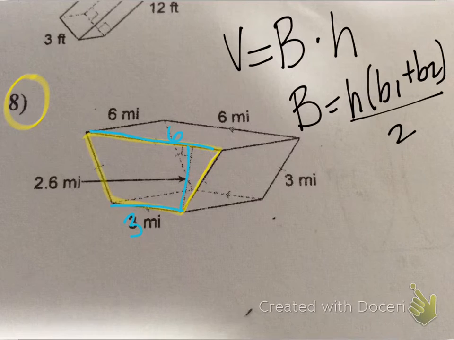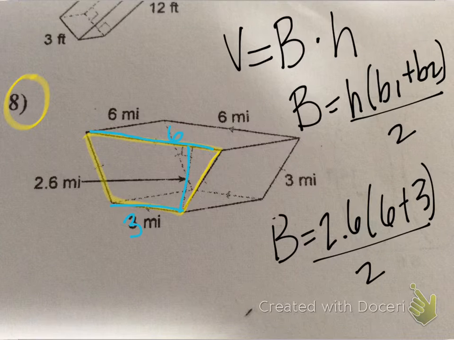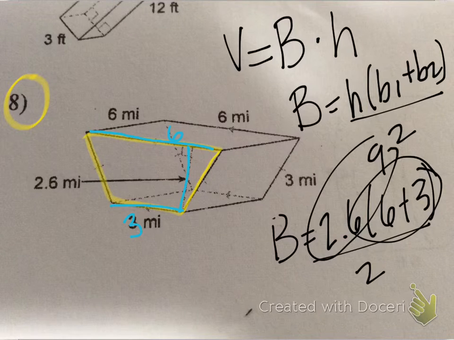So I'm going to put all that in here. So that's 2.6, 6 plus 3, all over 2. This is 9. So 9 times 2.6, I'm going to do that off to the side.